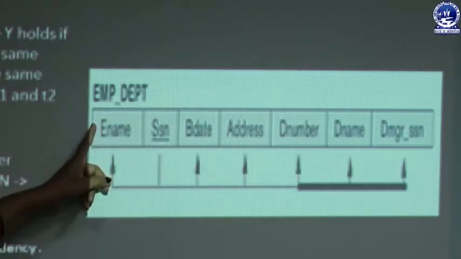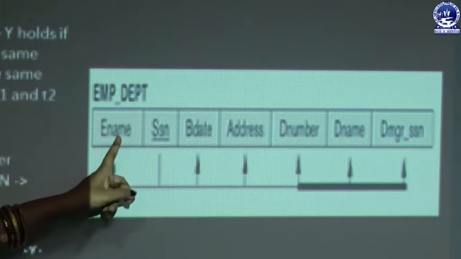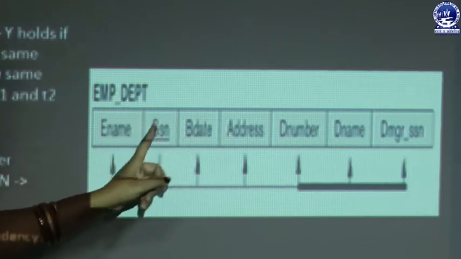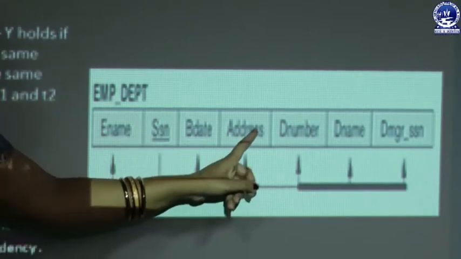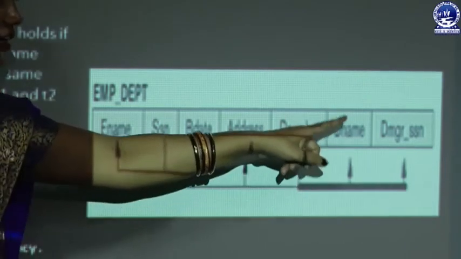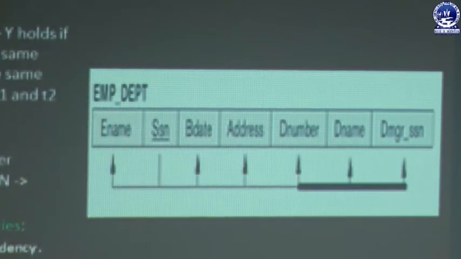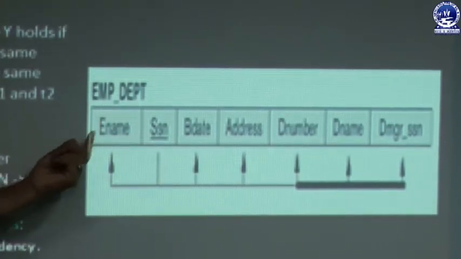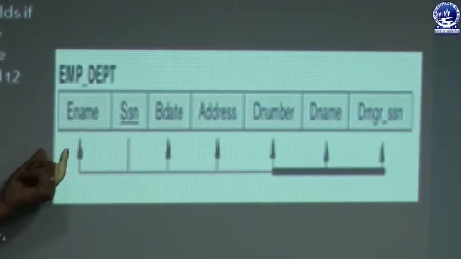Y may be one attribute or a set of attributes. Here X determines Y means SSN determines ename, birth date, address, d number, d name, d manager SSN. If SSN determines these values, then a functional dependency must hold, right.